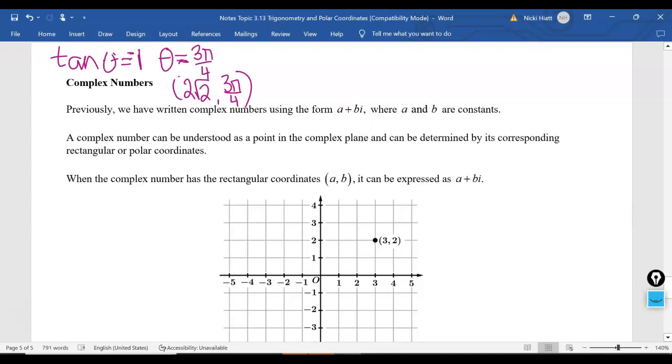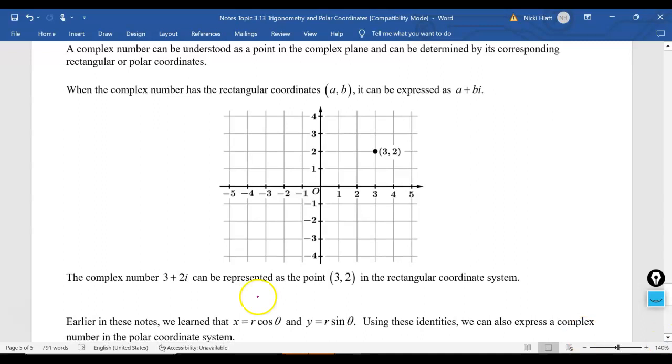A complex number can be understood as a point in the complex plane, and it can be determined by its corresponding rectangular coordinates. When the complex number has the rectangular coordinates a, b, it can be expressed as a plus bi. For example, this point right here is 3, 2.